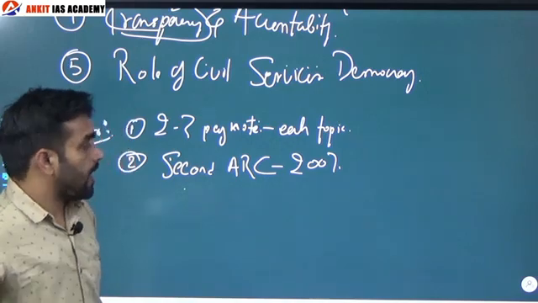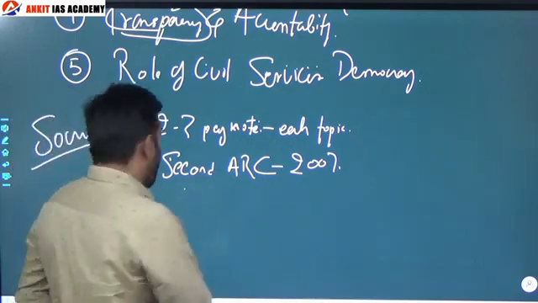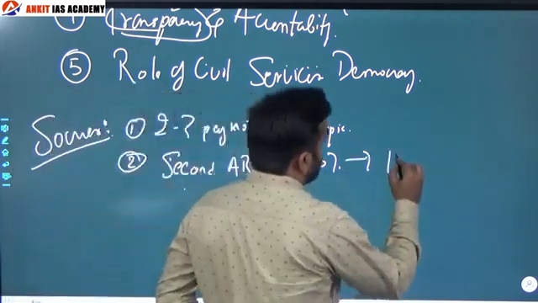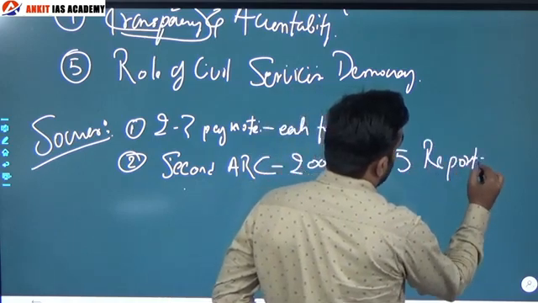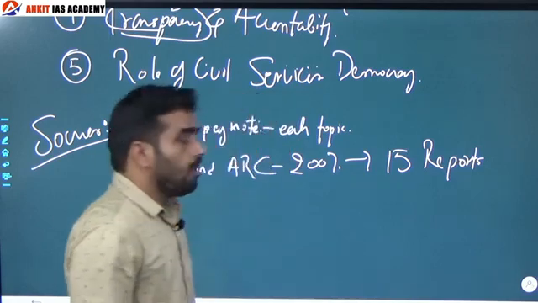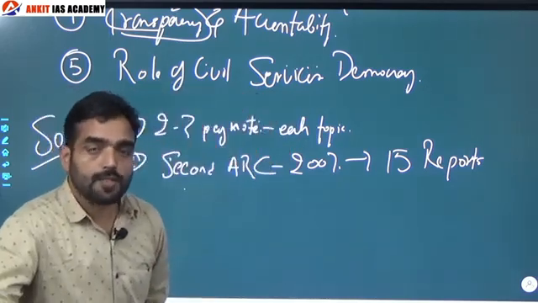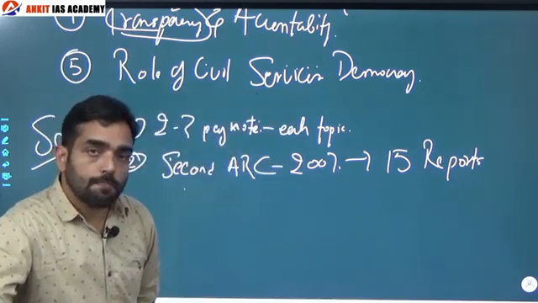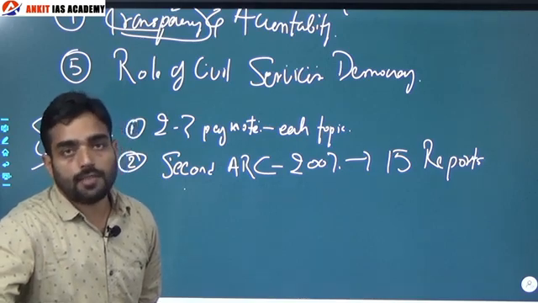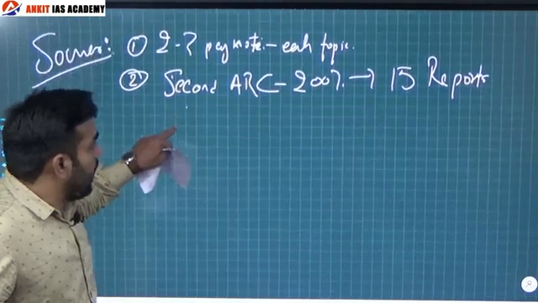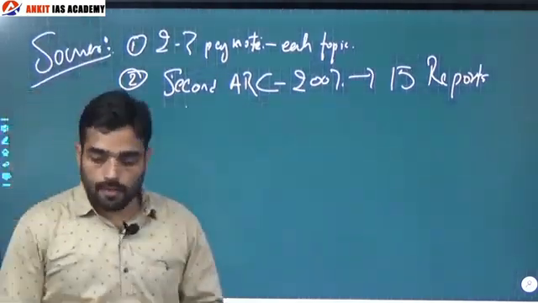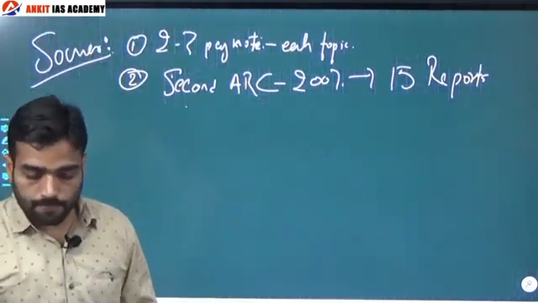Okay, there are a total of 15 reports that the Second ARC gave. However, you don't need to go through all the reports. The most important are, let's say, 7 or 8 reports that are important for you, and I'll explain which report is important for what.